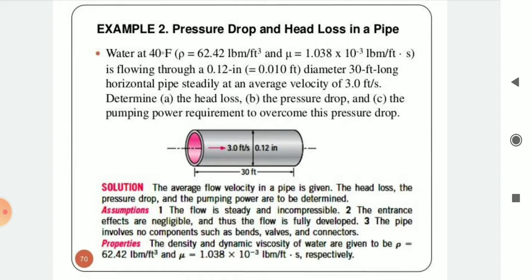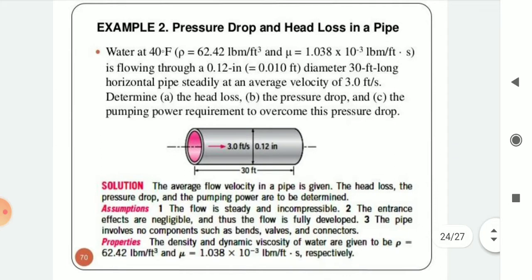Water at 40 degrees Fahrenheit, rho is equal to 62.42 lbm divided by ft cube, and mu is equal to 1.038 into 10 raised to minus 3 lbm divided by foot into second, is flowing through a 0.20 in, that is 0.010 feet diameter, 30 feet long horizontal pipe steadily at an average velocity of 3.0 foot per second. Determine the head loss, the pressure drop, and the pumping power requirement to overcome this pressure drop.